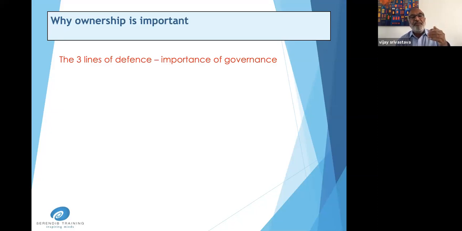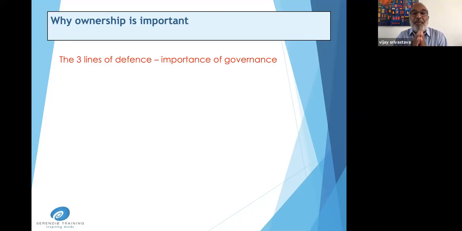But the first line of defense is usually anybody who's actually doing the work. If it is selling to customers, then it is the relationship manager. If you're in operations processing letters of credit, then the person actually working on the letter of credit is your first line. So people executing a basic function in the bank are the first line. The second line is typically the control functions and risk management, who design the framework.